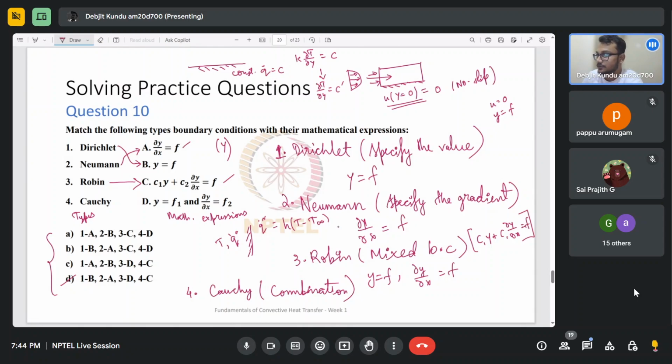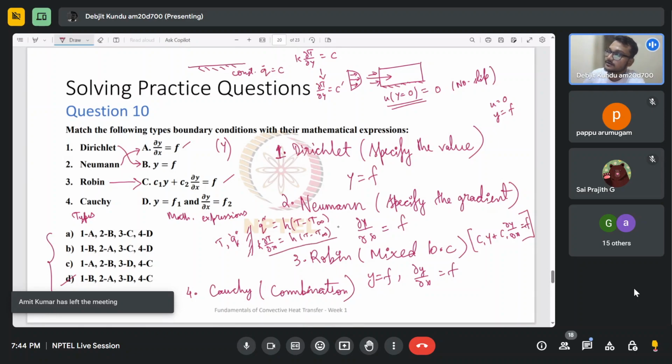And this Q double prime can be written as K dou T dou X equal to H into T minus T infinity. So from this, can you see that this is an equation which has both the gradient as well as the value at that point. So this is a Robin boundary condition, which is a mixture of both.